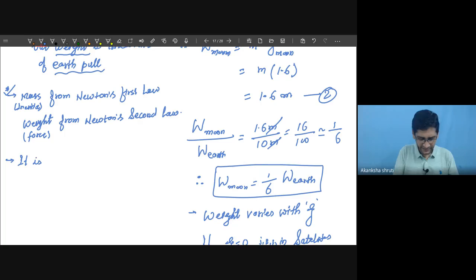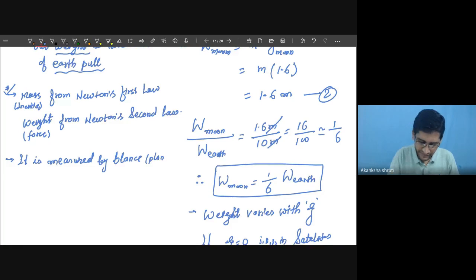So mass is measured by a balance or plain balance. It is like this, that you people have learned in your earlier standard.